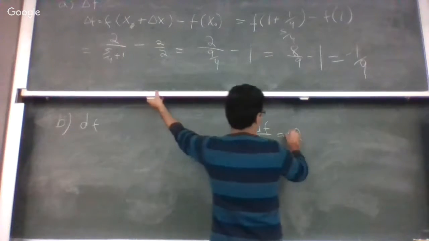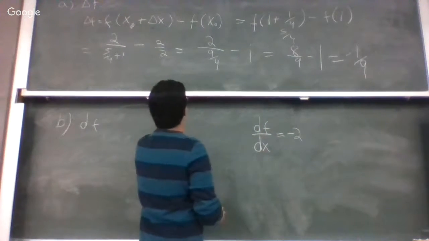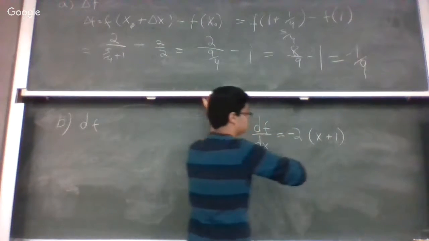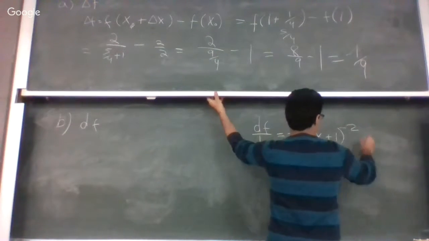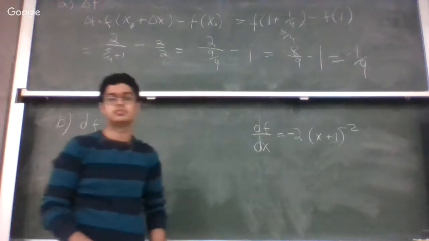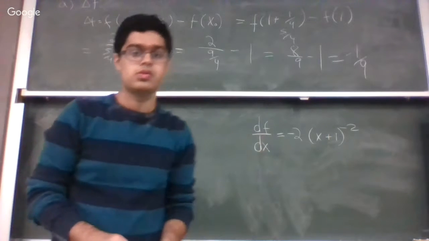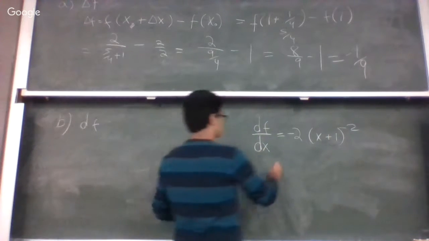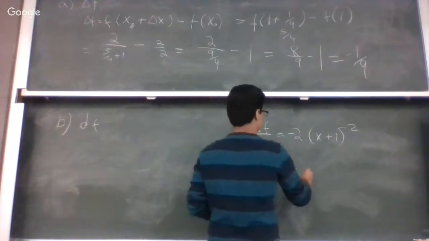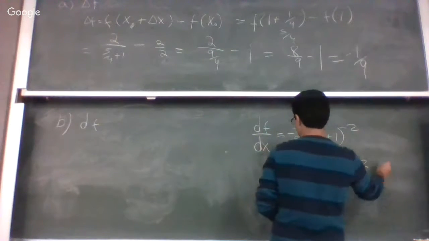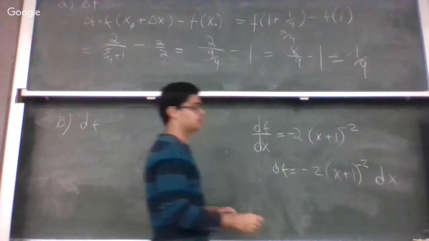Negative 2 times x plus 1 to the negative 2. Yep. So we're trying to find d of f. So d of f is equal to negative 2 times x plus 1 to the negative 2 times d of x.